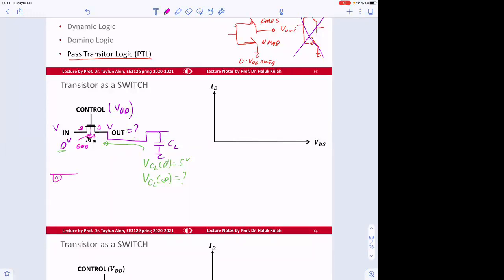And we have N plus and N plus, and it's not like BJT. Dopings are the same here, same dopings, not like BJT. So therefore, bidirectional.